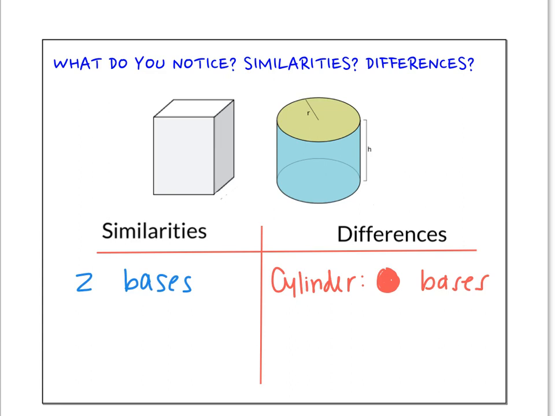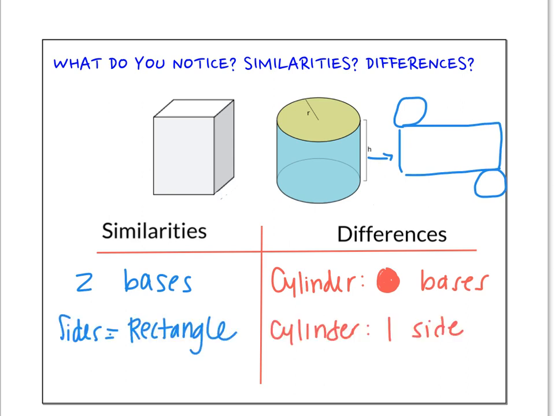The other similarity might be a little harder to tell, but if we were to unfold the cylinder and create a net, this side here in blue would unwrap to form one large rectangle with two circular bases on each side. So one of the similarities is that the sides, and remember we call that the lateral area, form one big rectangle.